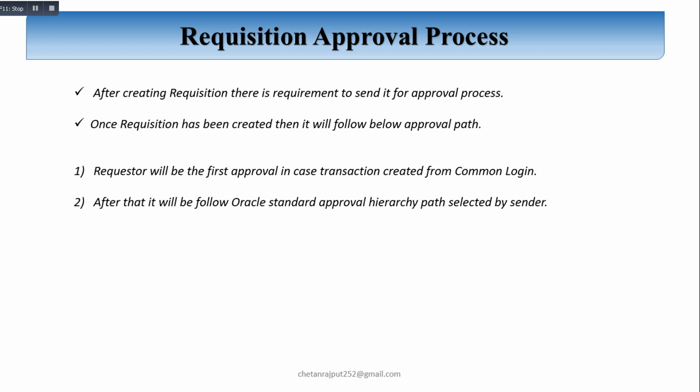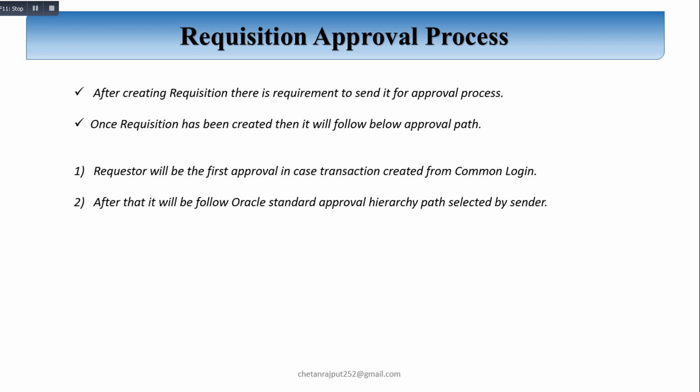Requisition approval process. After creating the requisition, there is a requirement to send that requisition for the approval process. Once the requisition has been created, it will follow the approval path below. First, if the requisition has been created by the EBS common login, then that requisition goes for approval to the requester.